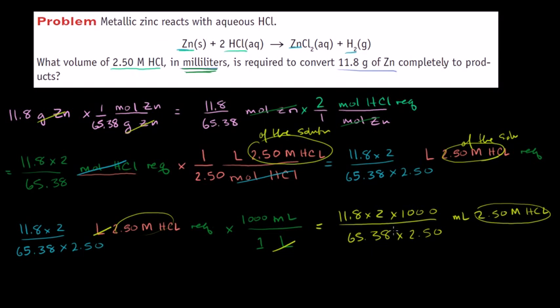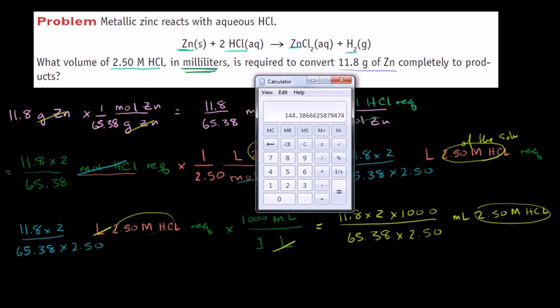We just need to calculate this number. So let's break out the calculator. 11.8 times 2 times 1,000 divided by 65.38, and we're also going to divide by 2.5 because it's in the denominator. It's 144.